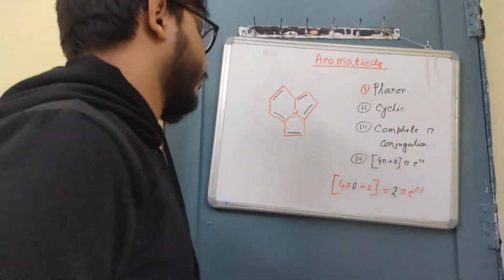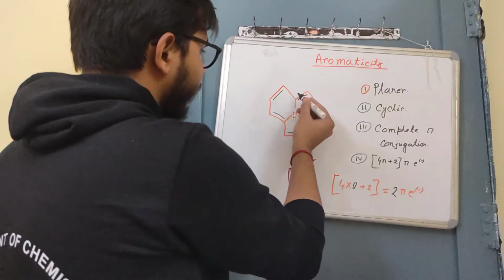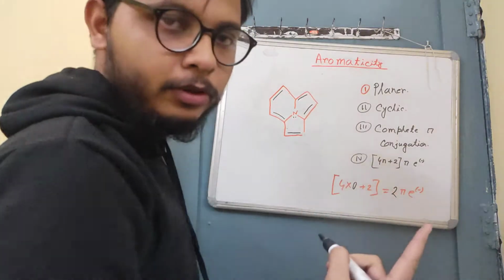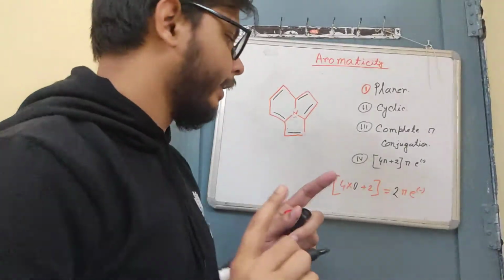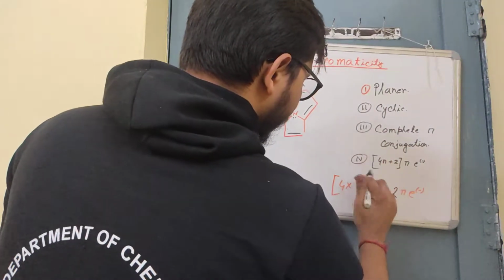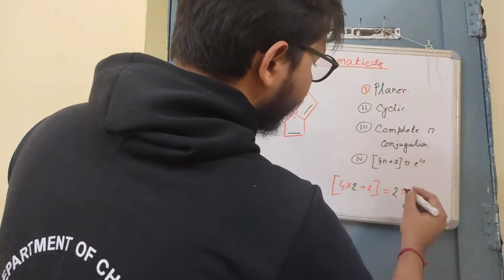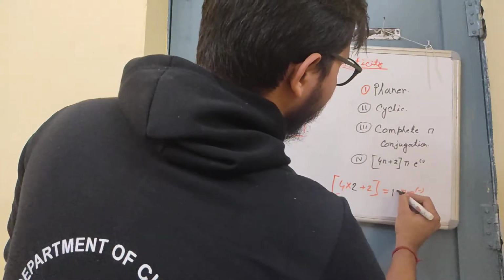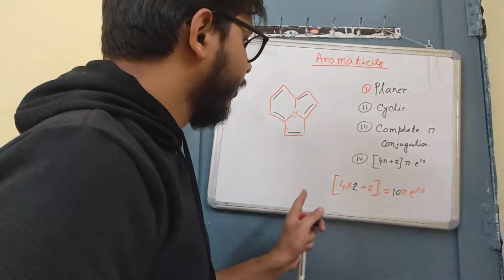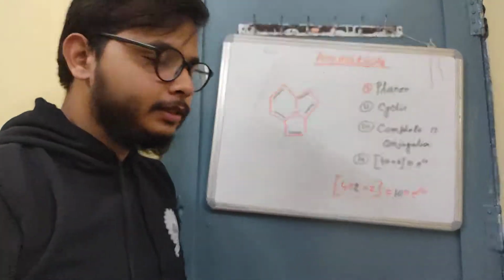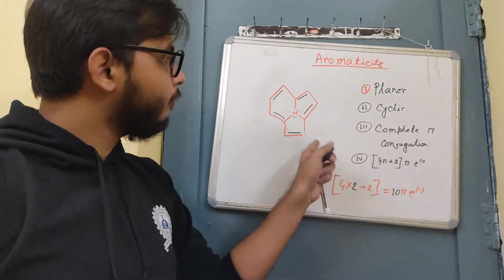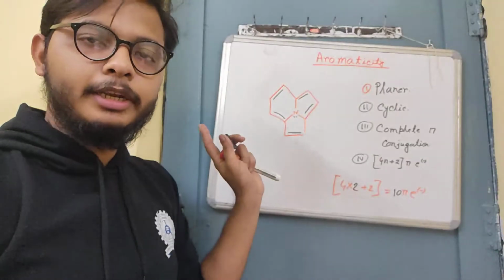And 4n plus 2 electrons: 1, 2, 3, 4, 5 pi bonds. That means 10 electrons. 10 electrons means 4 into 2 plus 2. That means 10 pi electrons, right? So that's why this molecule is aromatic, because this molecule maintains all of the criteria.